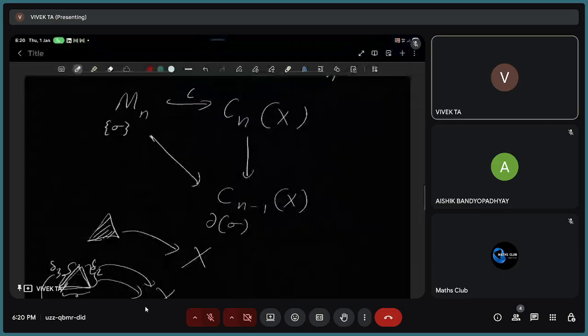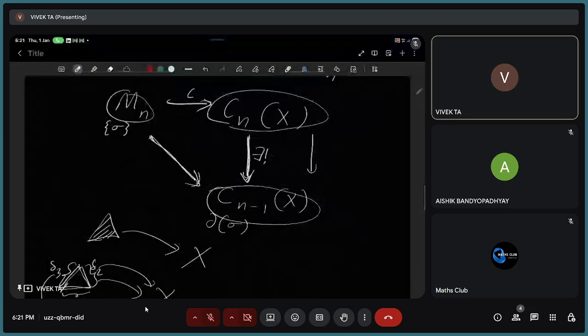So then we get a unique map from here, right? Because this map is unique, this is also unique. So this has to be unique. This group is well defined. This is a set. This is a free group. So there exists a unique map from here to here, right?